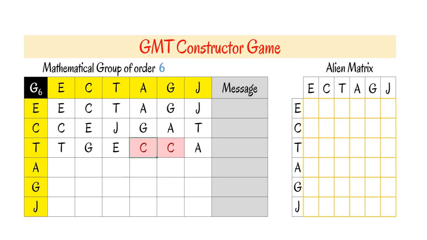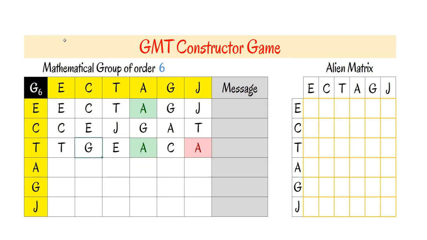Now I'm correcting it. Now instead of J, if I type A, then you have made a duplication along the row as well as along the column. You see, along the column you have made a duplication of element A. Along the row you have made the same duplication, A. So in this way, if you make any mistake along the row or along the column, the game will immediately notify you that you have made a duplication. If instead I type A again, this A will also be notified. Now you go back and correct it.